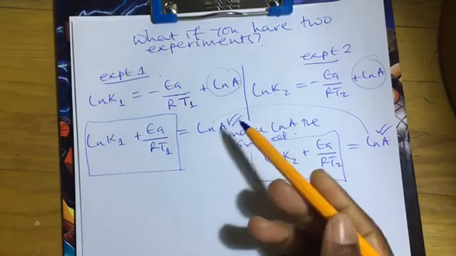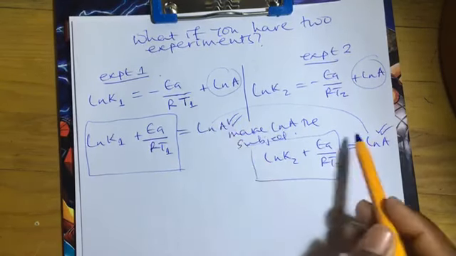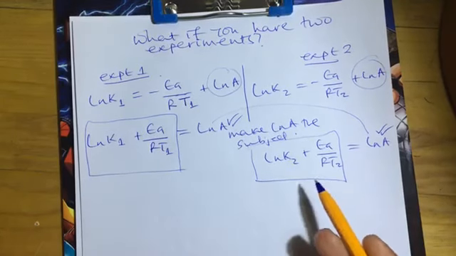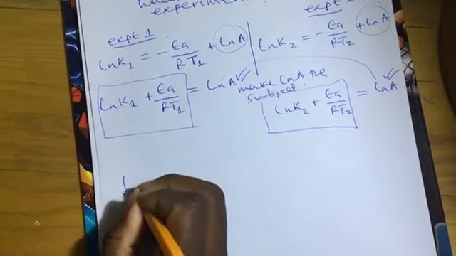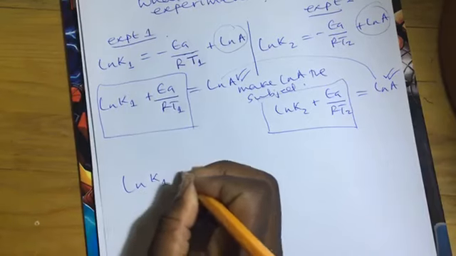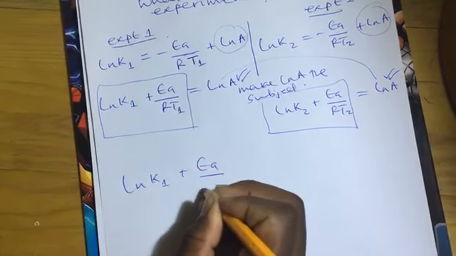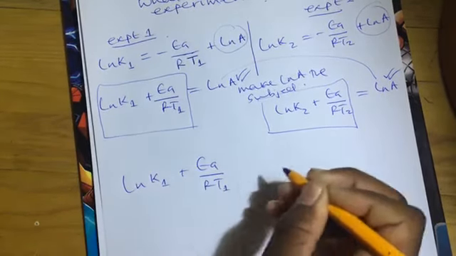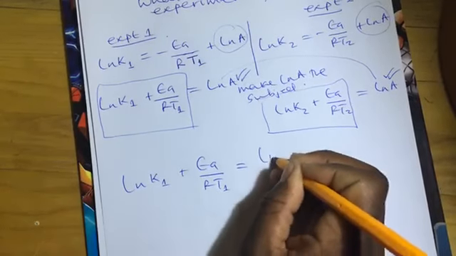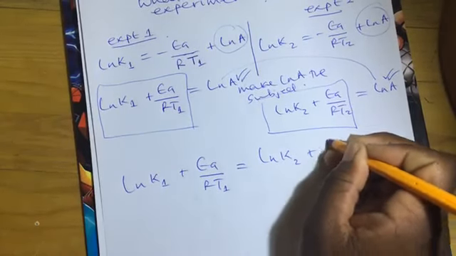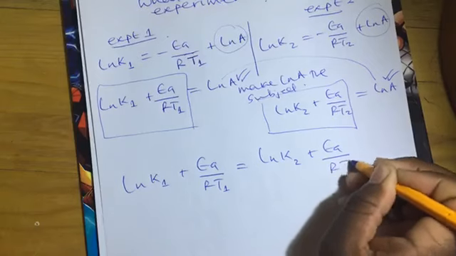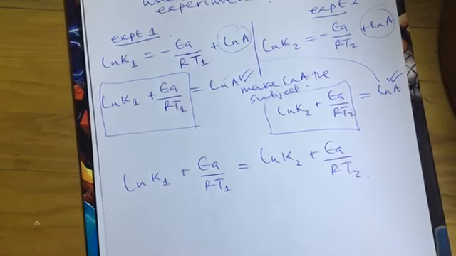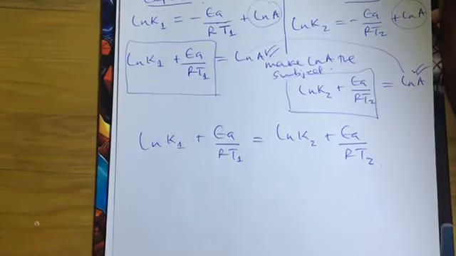So because of the transitive rule, I can equate these other parts to each other. So I'm going to get ln K1 plus EA over RT1 is equal to ln K2 plus EA over RT2. You see that? Now, I would like to put like terms together.